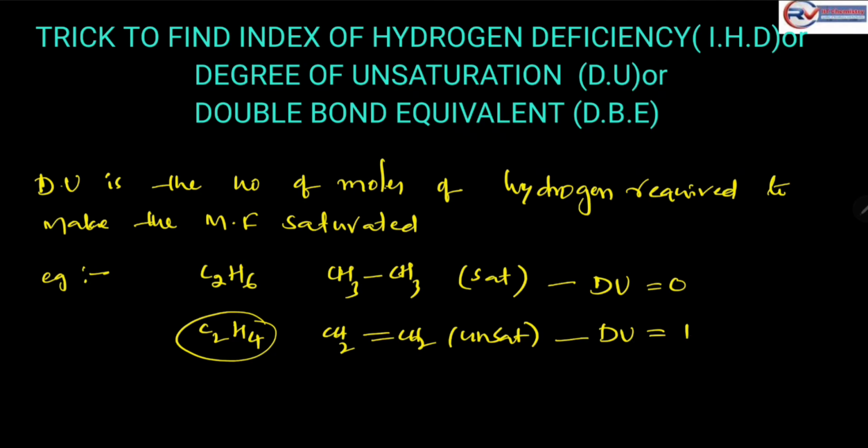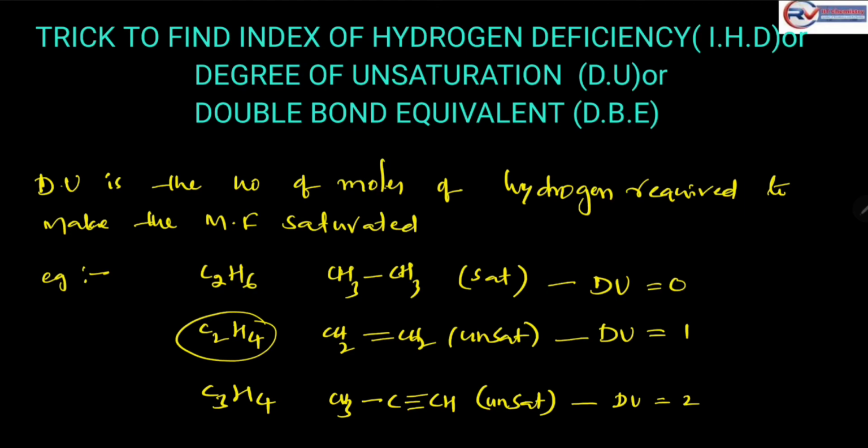Okay, C3H4, that is CH3, C triple bond CH. Triple bond means the molecule is unsaturated. Its DU equal to 2.